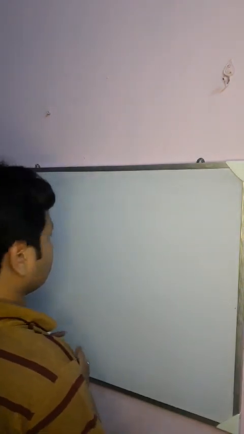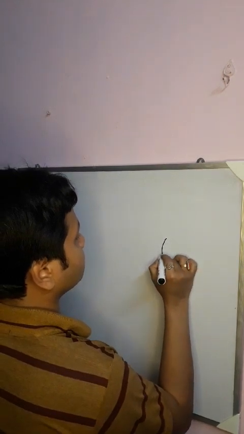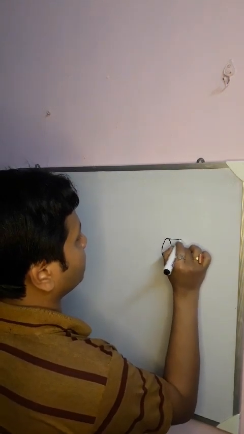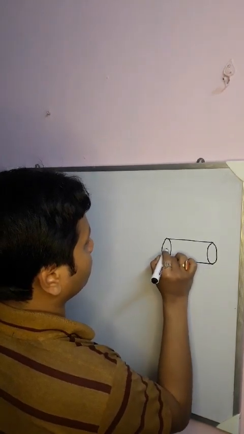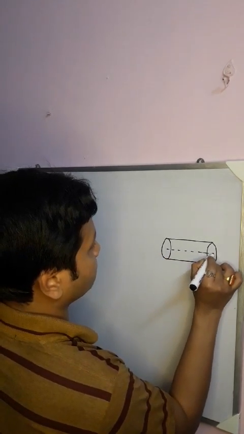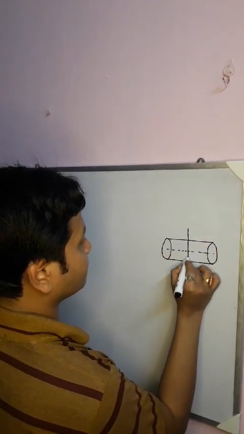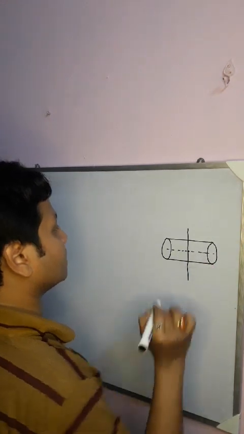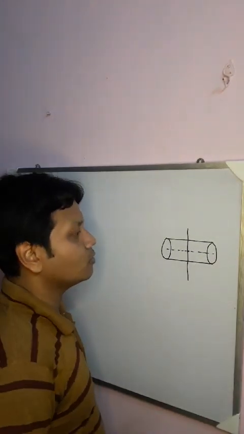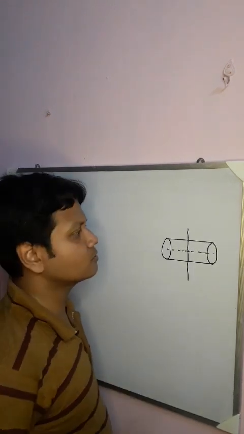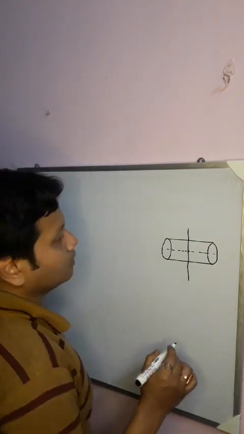Now we are going to discuss an axis that passes through the center of gravity and is perpendicular to the length of the cylinder. That means the axis is taken in this way, passing through the center of gravity and perpendicular to the length of the cylinder, or perpendicular to its own axis of symmetry.